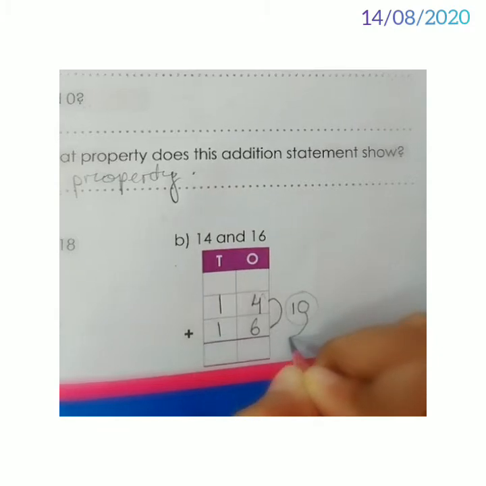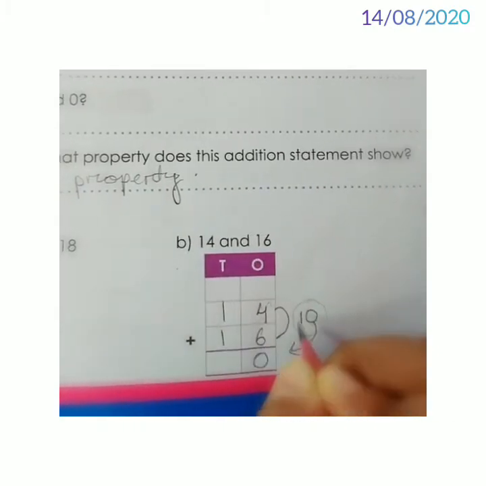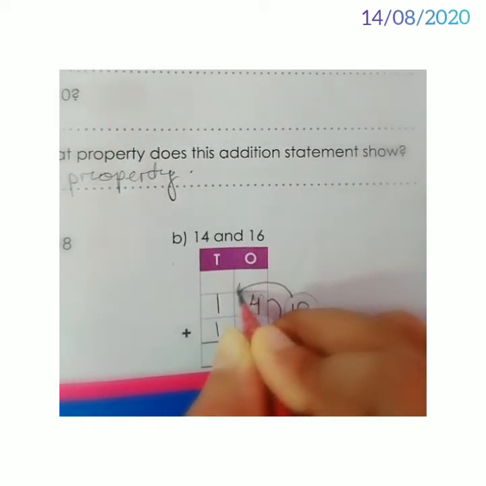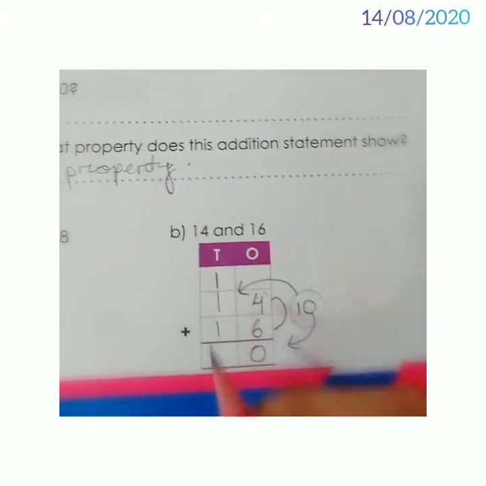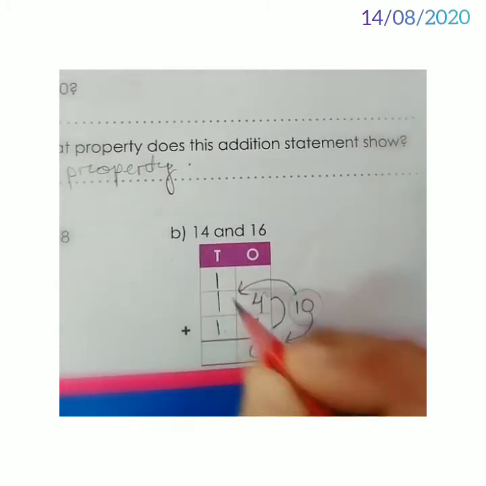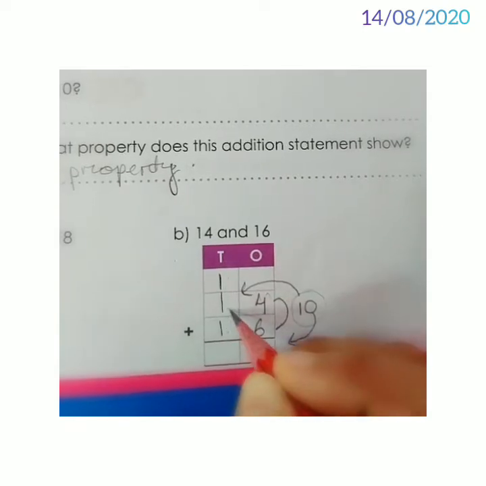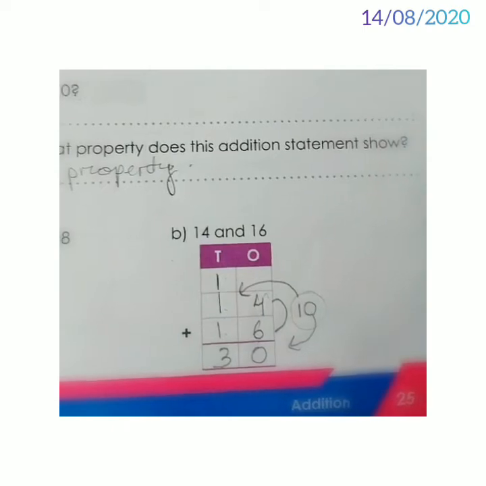So we will write this 0 over here under the ones place and this 1 will get carried over to the tens place. Now we have to add these 3 digits together. So 1 plus 1 is 2, 2 plus 1 is 3. So the correct answer is 30.